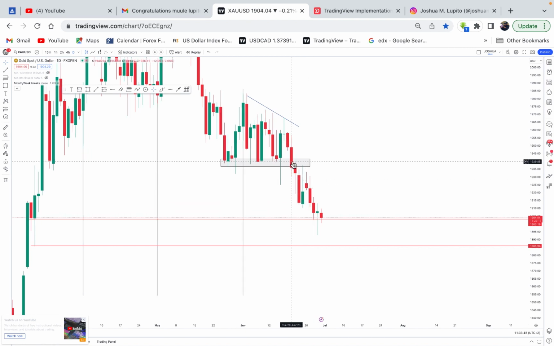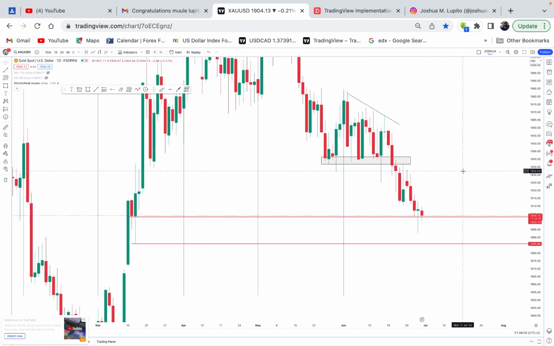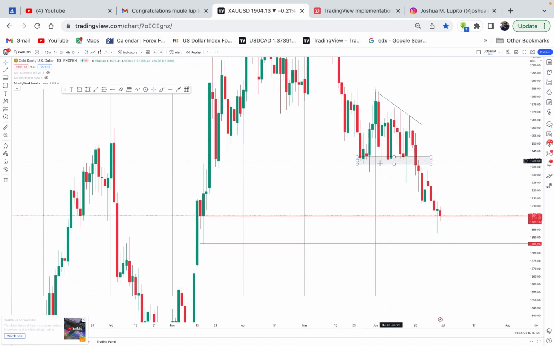If we were to break down to the lower time frames, we can discover that this wick was actually a trend in the smaller time frames. We can see the market came back to this region, giving us the retest, and from there the market went down.